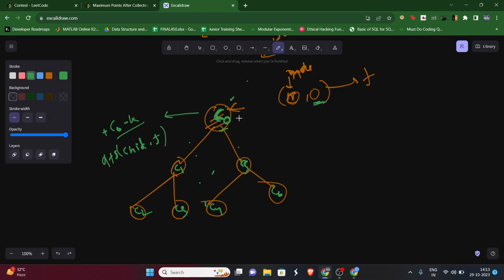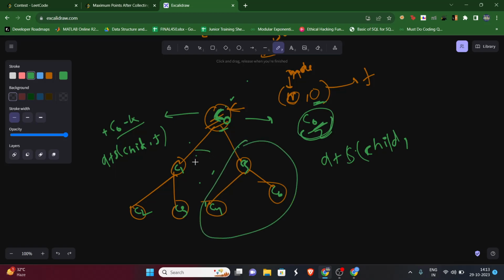Okay, but let's say if I would have taken it something like this, c plus 0 by 2 coins from here, then in that scenario we'll have to pass dfs of child. And now see, as we have done operation 2 over here, that means we have to divide everything in its subtree one more time, right?